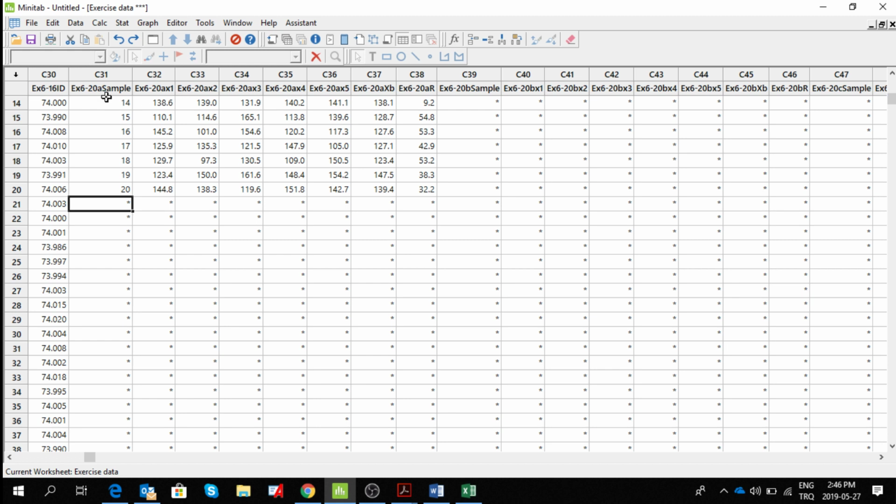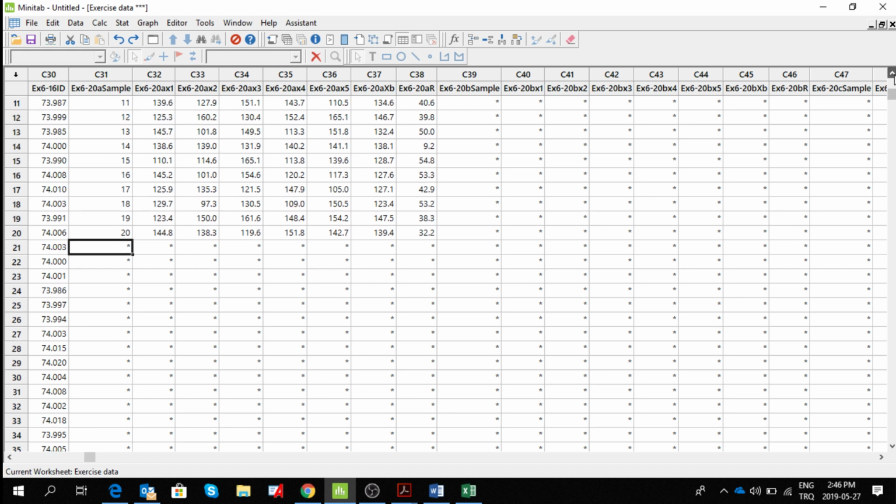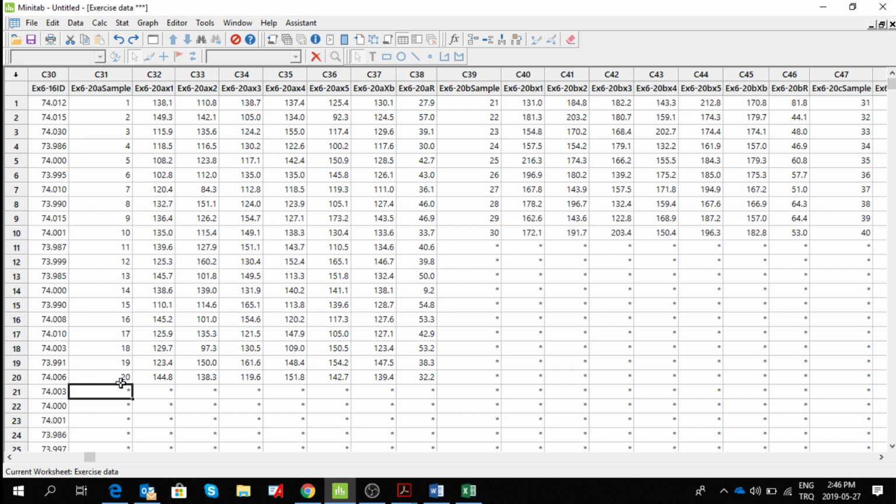So this is example 20. These are the sample numbers up to 20, 1 to 20. And then we have the x1 entries, x2, x3, x4, and x5 entries. These are the 5 observations.